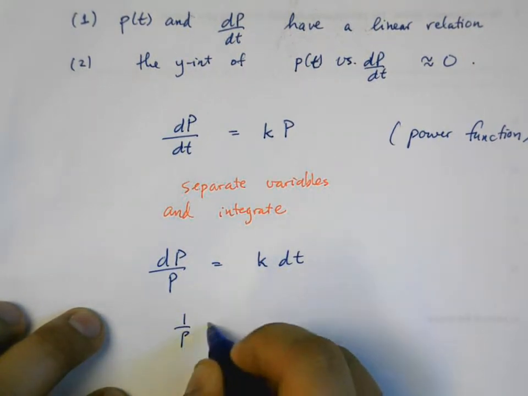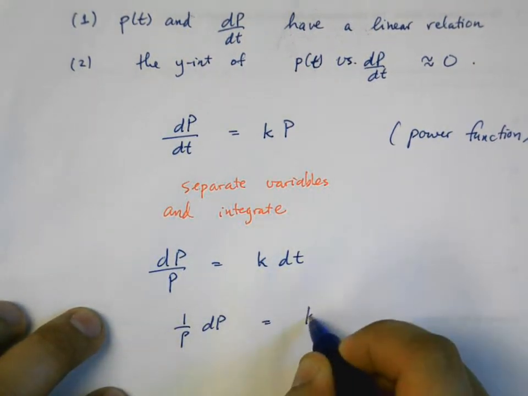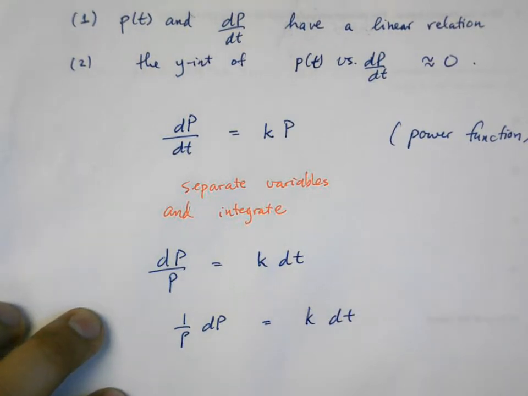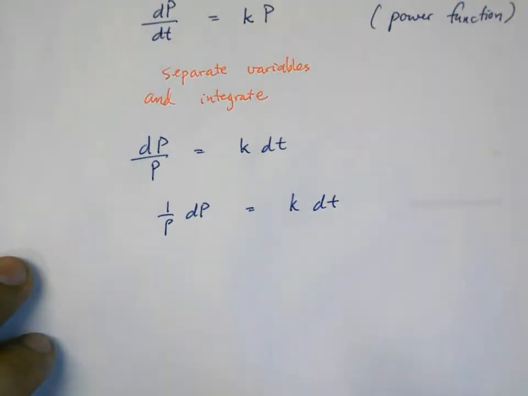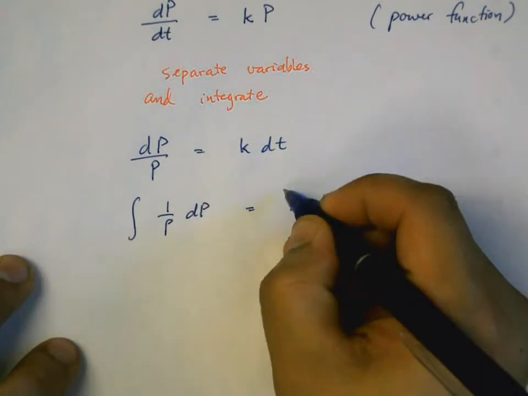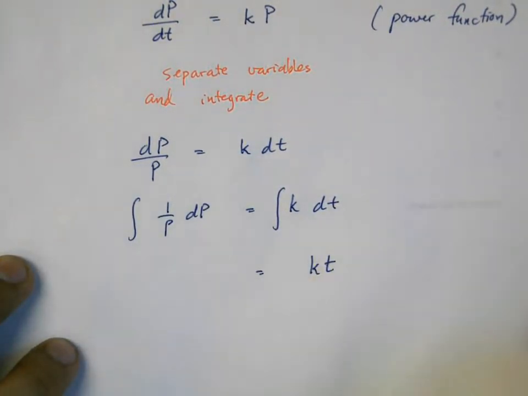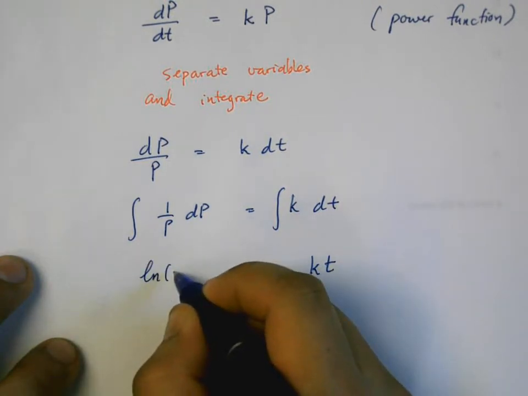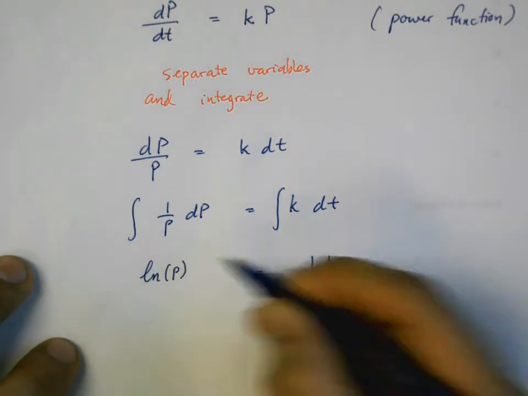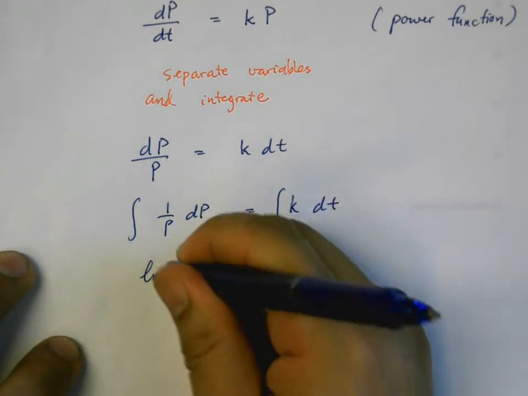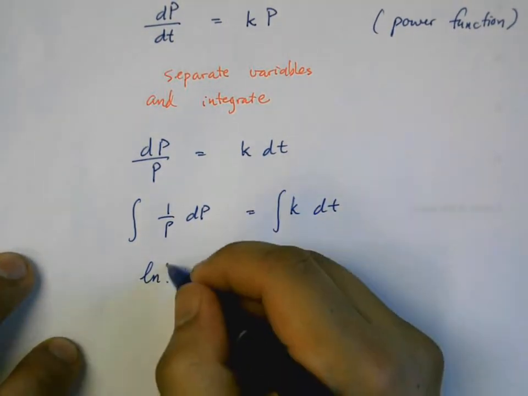This is really 1 over P dP is equal to K dt. And remember, K is a constant. And then integrate. So on the right-hand side, we have kt. On the left-hand side, we have the natural log of P. Let's just be very clear here.